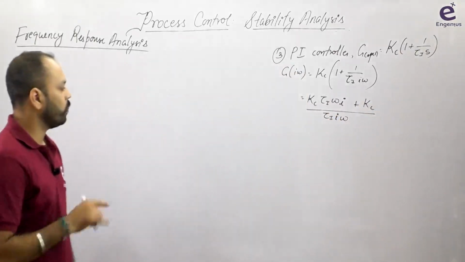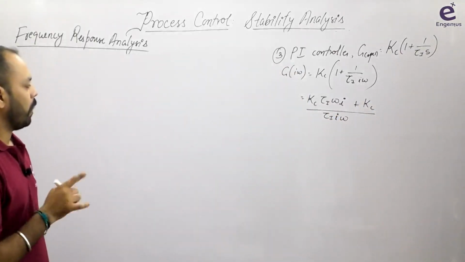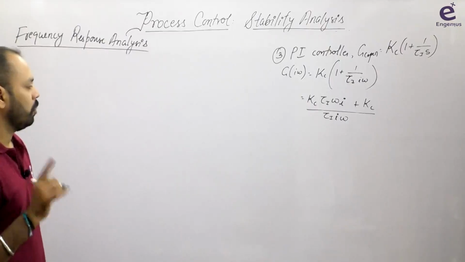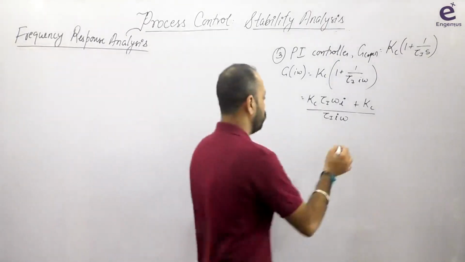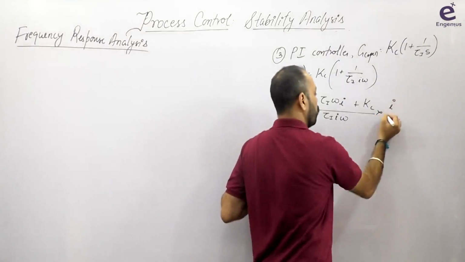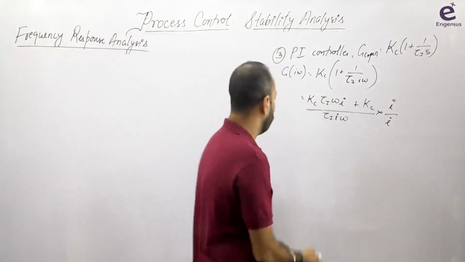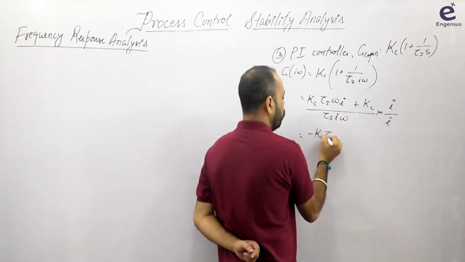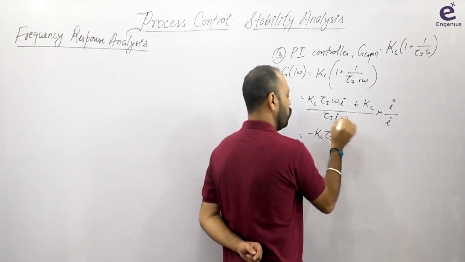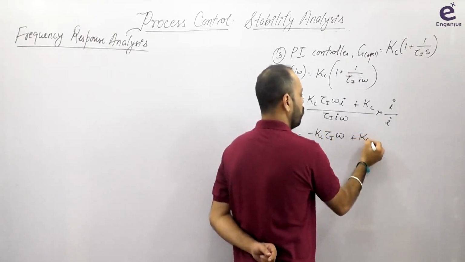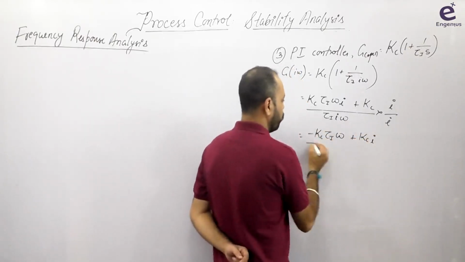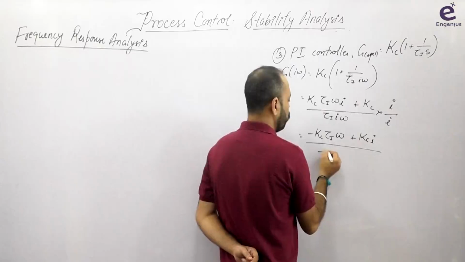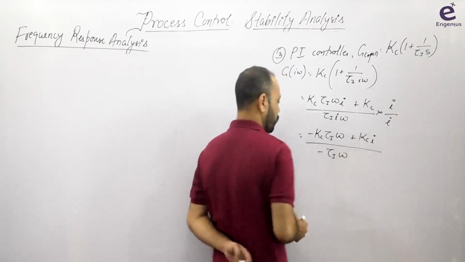Tau I iota omega plus 1. I is not the subscript, remember. Okay, fine. Now what to do? We have done these things in our high school. Multiply and divide by iota. So it becomes iota square minus 1. So minus Kc tau I omega, right? Plus Kc iota. Okay? Divided by iota square minus 1. So minus tau I omega.